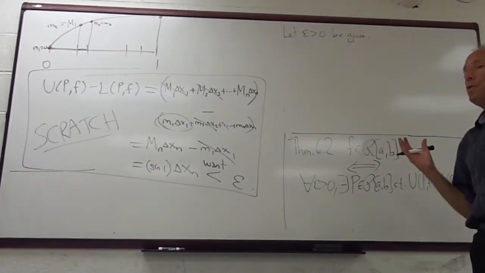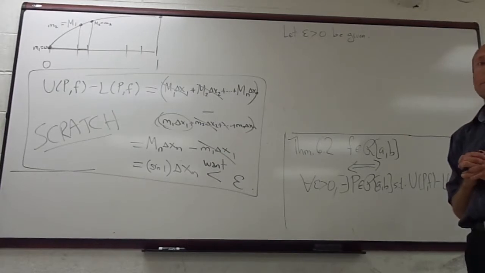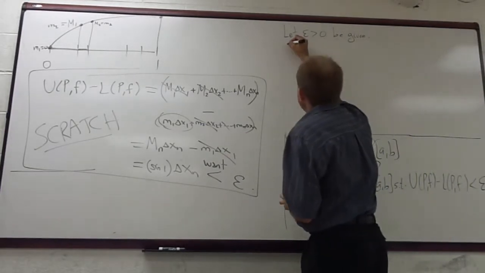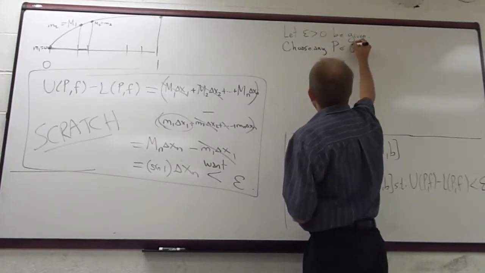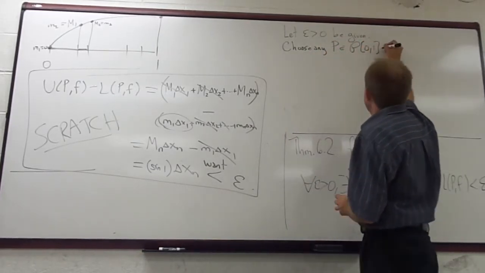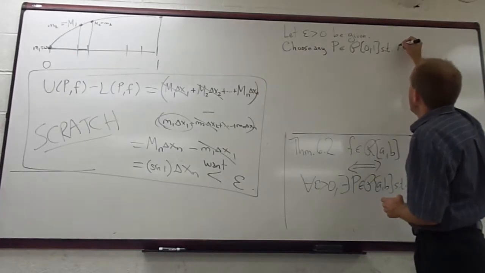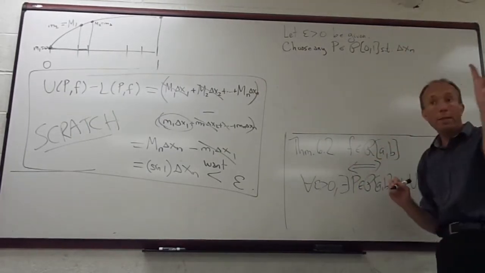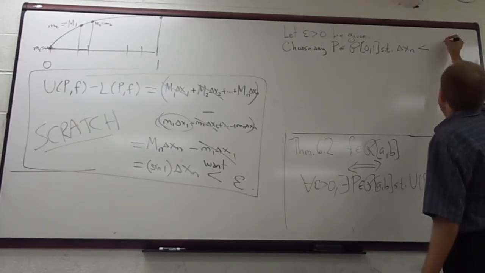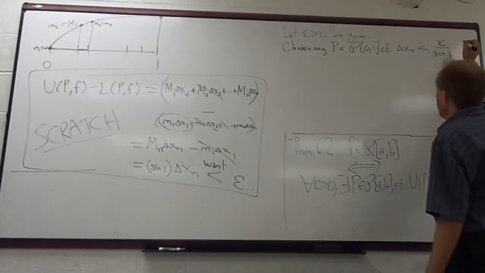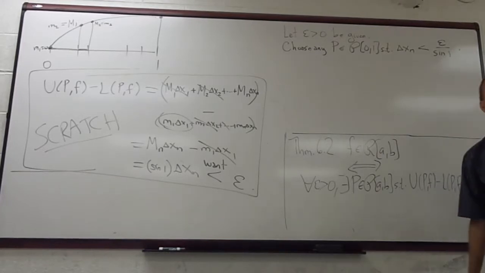What you could do if you wanted at this point is you could say something like this. Choose any partition P of the interval 0, 1 such that delta xn, the width of the final subinterval, is less than epsilon over the sine of 1. Now that's not being very explicit.